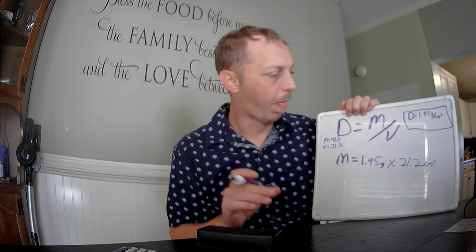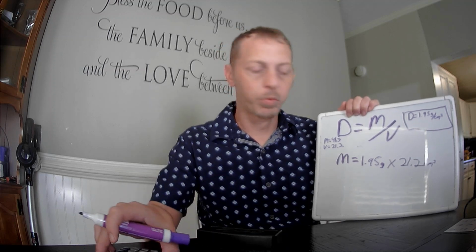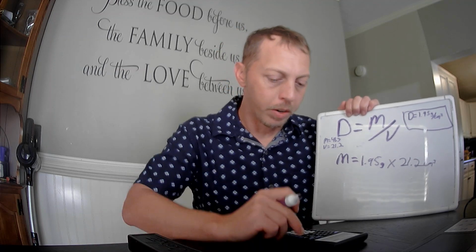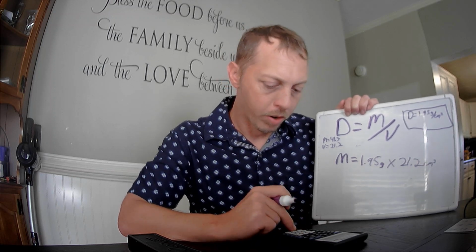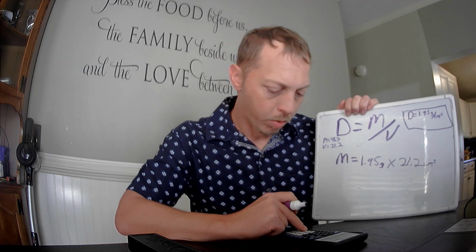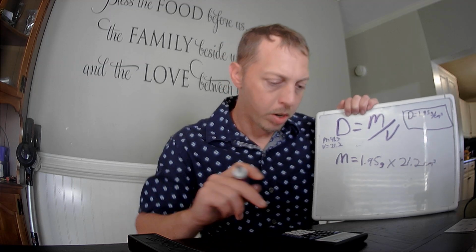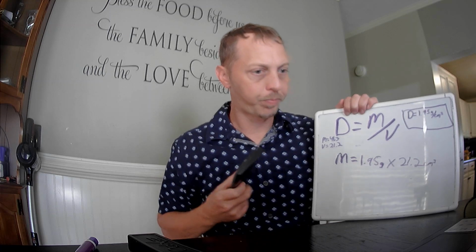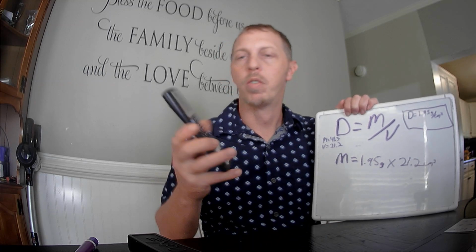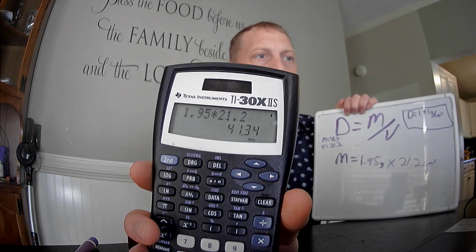All right, so when we multiply these together, what we are going to get is 1.95 times 21.2 equals 41.34.